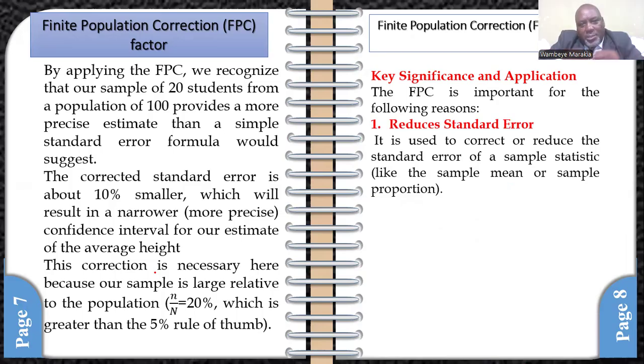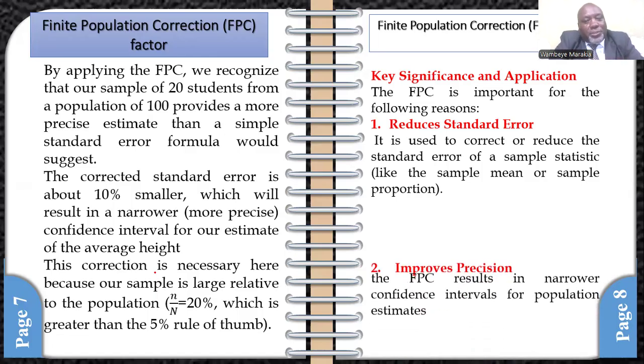The first reason is that the FPC reduces the standard error. It is used to correct or reduce the standard error of our sample statistics, like the sample mean or the sample proportion.